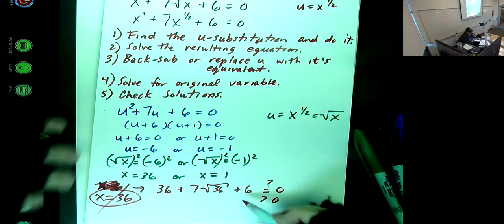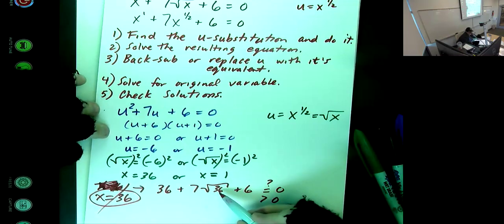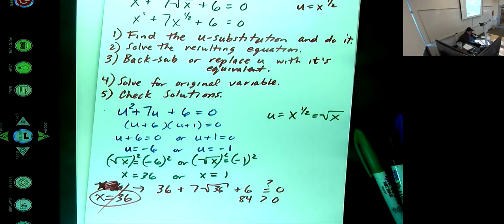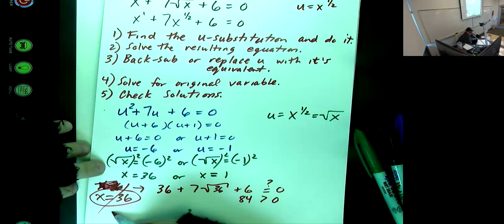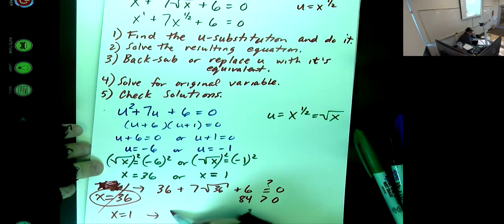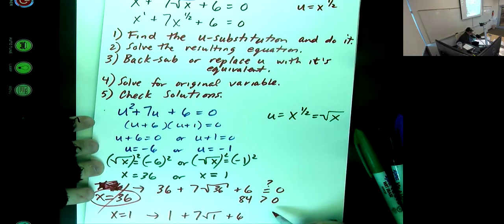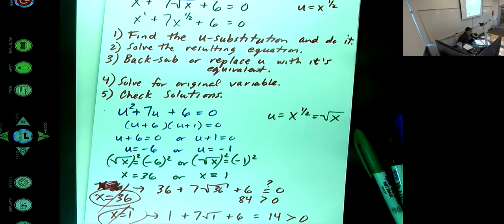I think if you work that out, it looks like 42 and 42 is 84. If I try x equals 1, that's 14, also greater than 0. x can't equal 1 either.